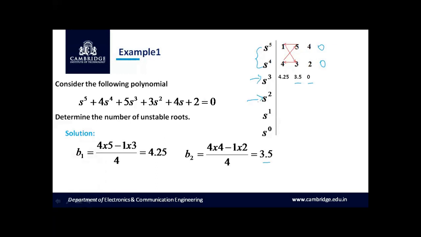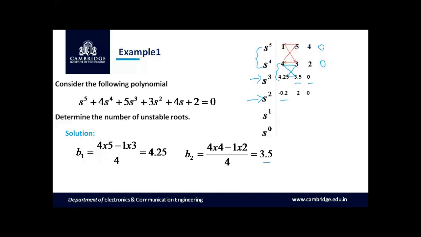To fill up the fourth row, we have to take the previous two rows as the reference and we have to follow the same pattern. So the fourth row first element can be filled by the formula 4.25 into 3 minus 4 into 3.5 divided by 4.25. Hence, I get minus 0.2.